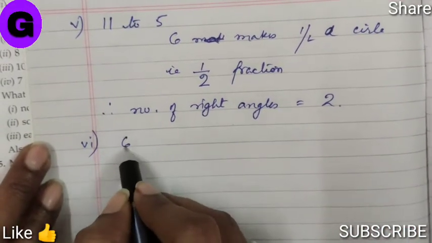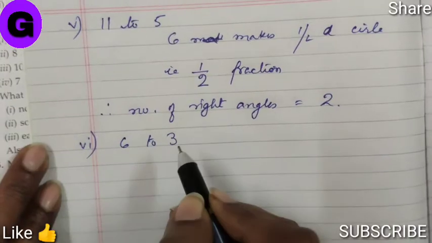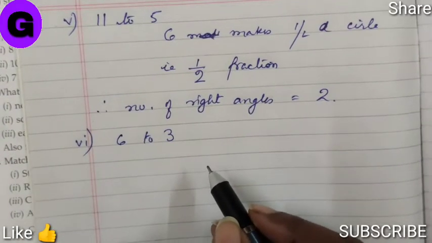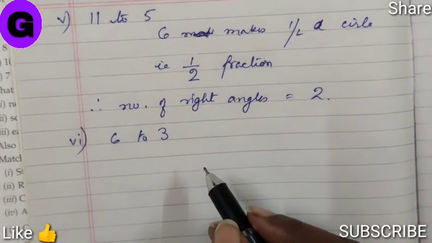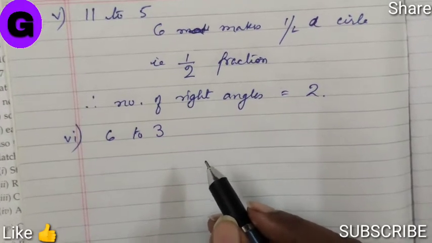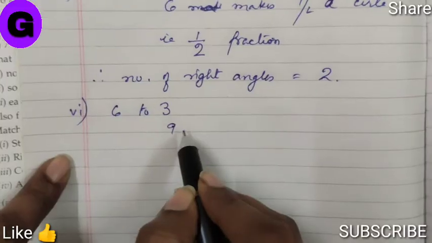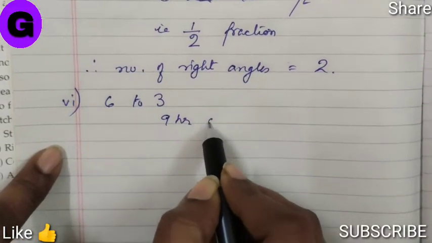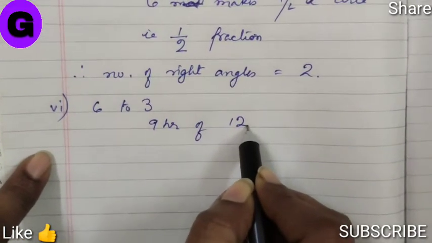Subpart 6. 6 to 3. The distance travelled is 7, 8, 9, 10, 11, 12, 1, 2, 3. 9 hours. So 9 hours of 12.